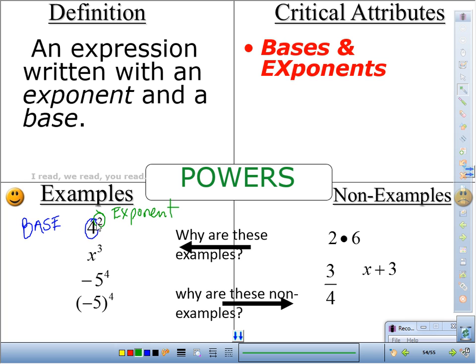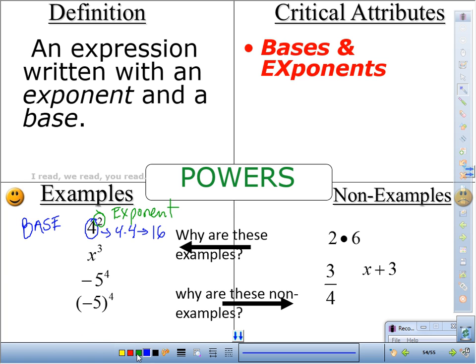In this expression, the boss is the exponent, and the exponent tells the base how many times to multiply itself. So what is the base here? 4. How many times is it going to multiply itself? Twice. That's why this is 4 times 4. And what is 4 times 4? We simplify it, it becomes 16.